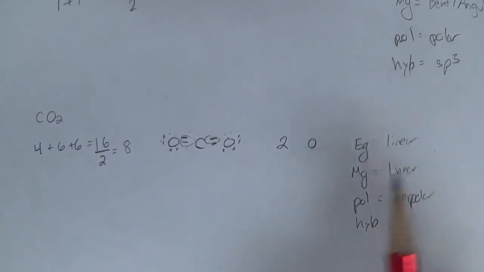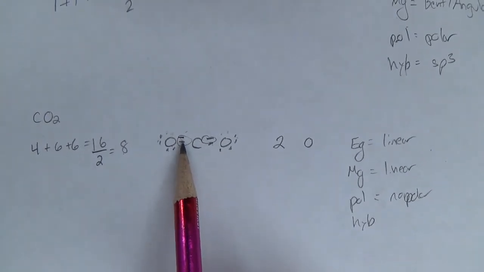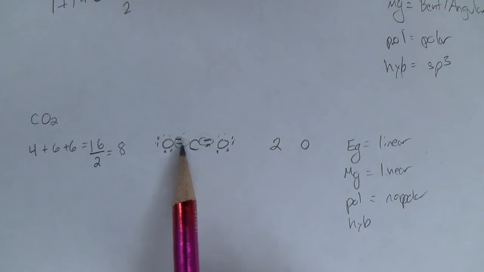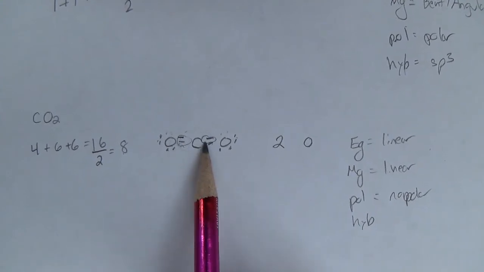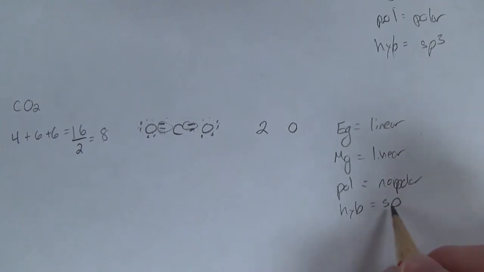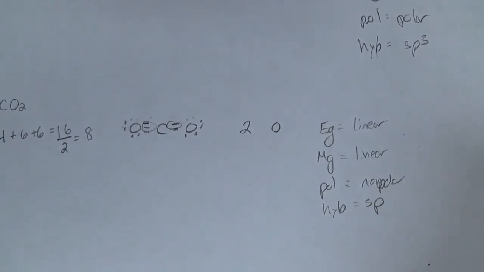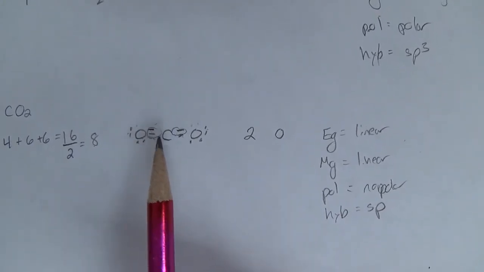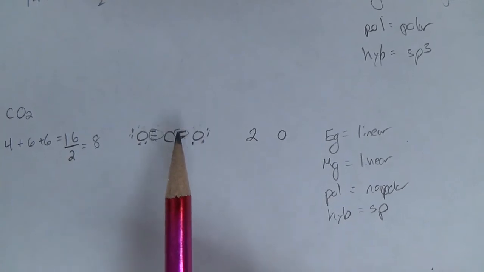And what would it take to hold, now be careful about this, okay. What would it take to hold 2 areas of electrons? 1s and 1p. So carbon has an area of double bond here and an area of double bond there.